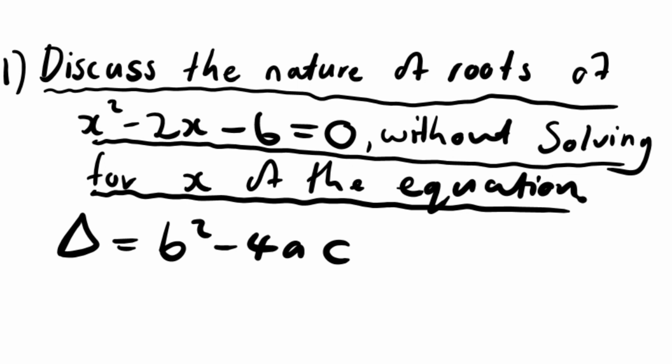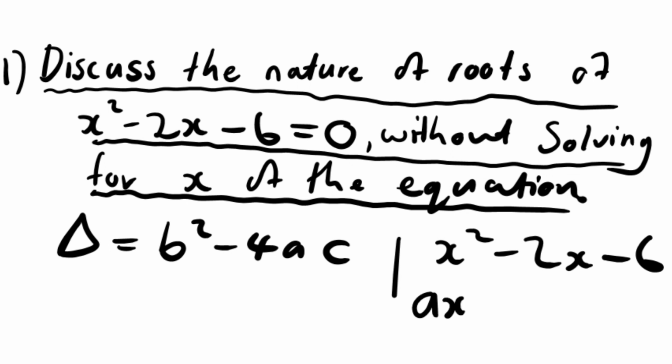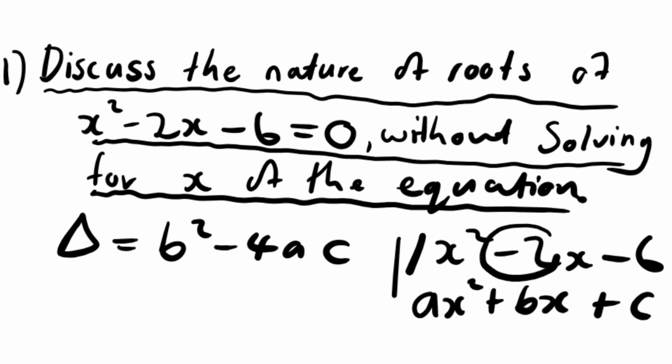We say x squared minus 2x minus 6 represents our ax squared plus bx plus c. In this case, a is 1, b is negative 2, and c is negative 6.